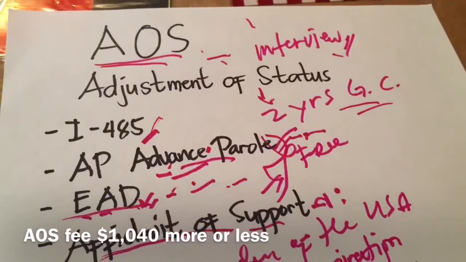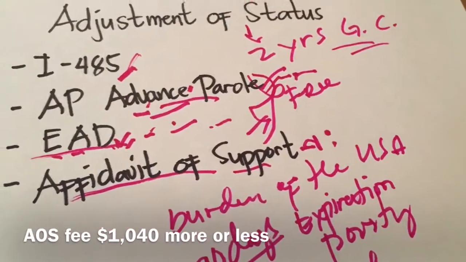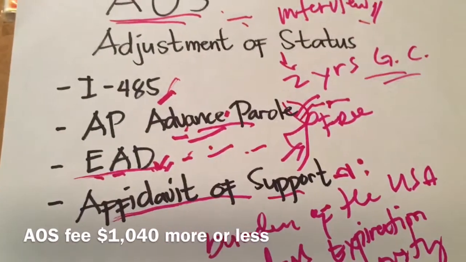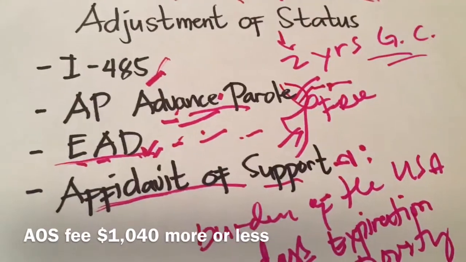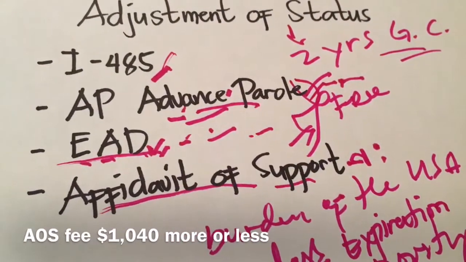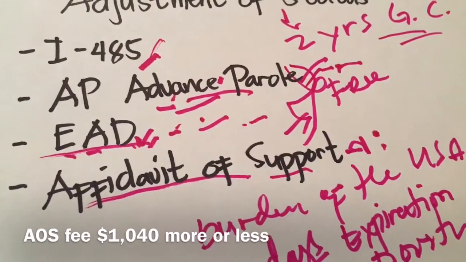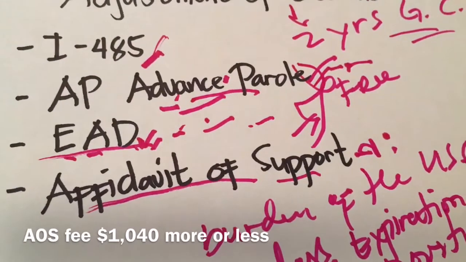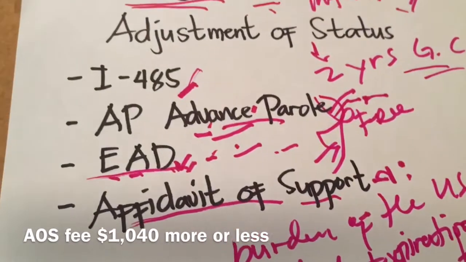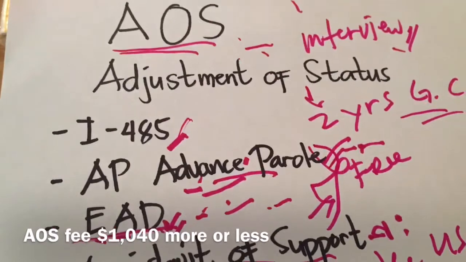But you can do it. Just take your time to gather all the documents and also the evidence. They also need evidence, like your photos, to support your relationship, like you've been living together since you got married or since you arrived in the US.